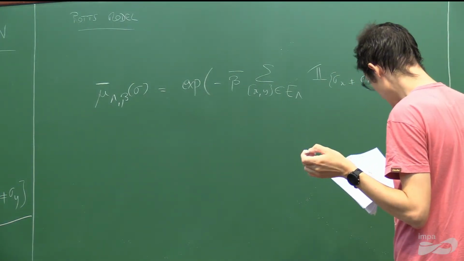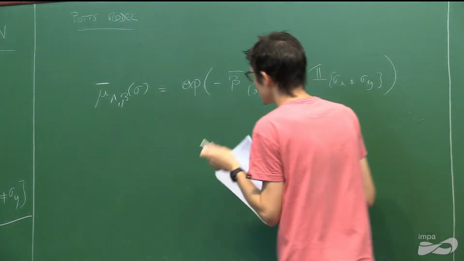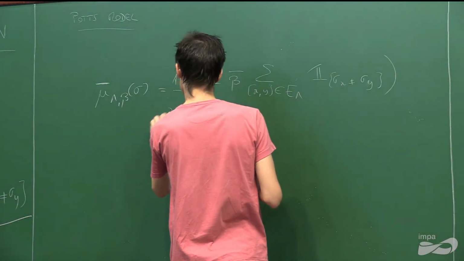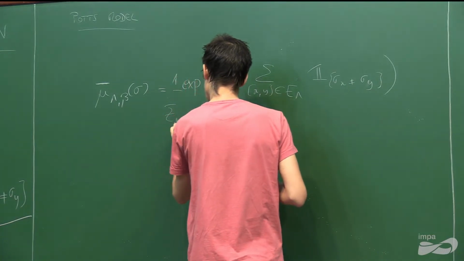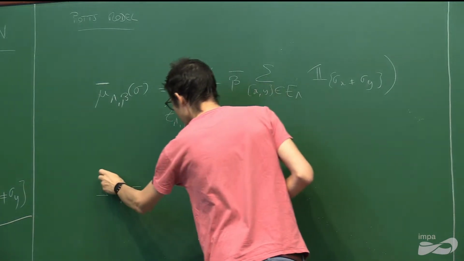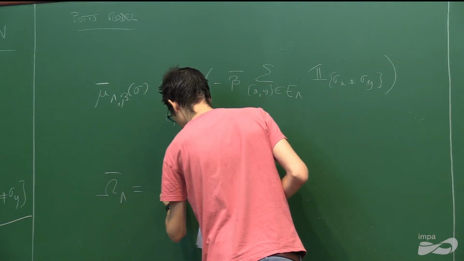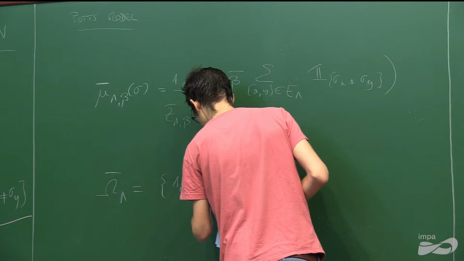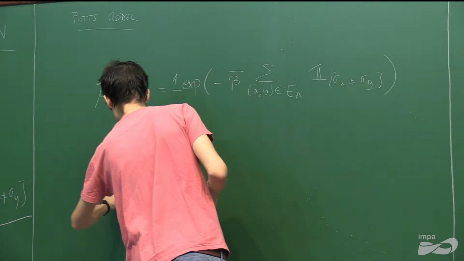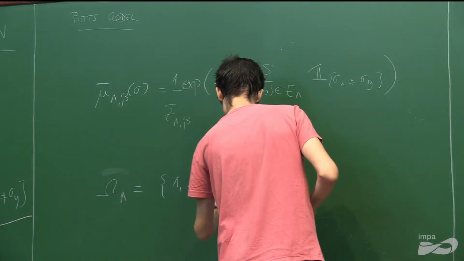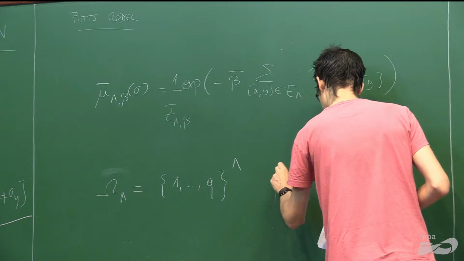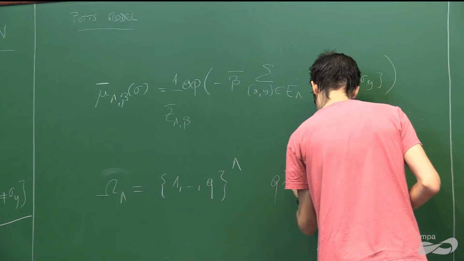And now the important thing is that here we can make sense of this even for omega lambda, which is equal to 1 to q to the lambda, where q is something larger than 2.